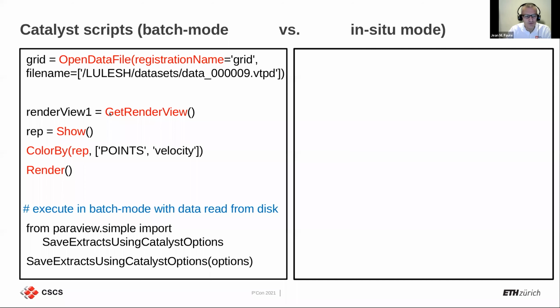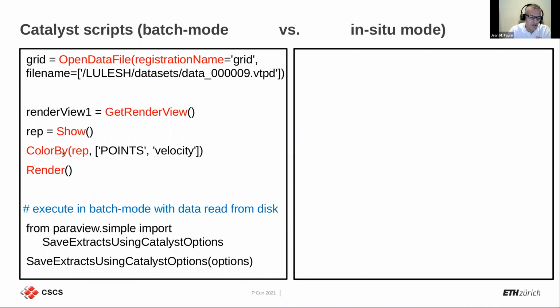The most trivial Python ParaView pipeline that we can imagine is the creation of a view, a standard three-dimensional view, and then we show the object, which is the current object, meaning the grid. We show this object, which means we create a graphical representation of it.